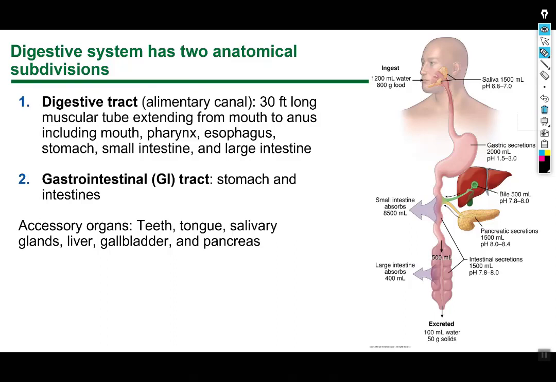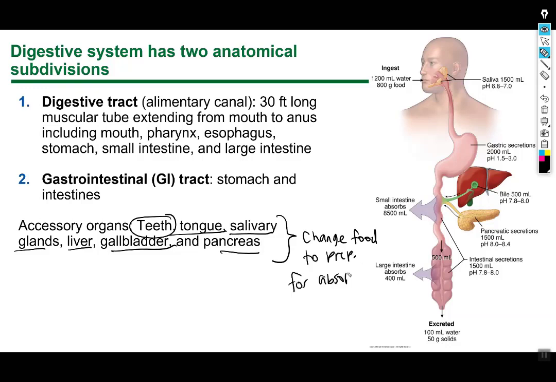Accessory organs include teeth for mechanical digestion of food, tongue also for that, as well as for forming speech, salivary glands for saliva, the liver, the gallbladder, and the pancreas. Most of the accessory organs exist to change food, to prepare it for absorption.